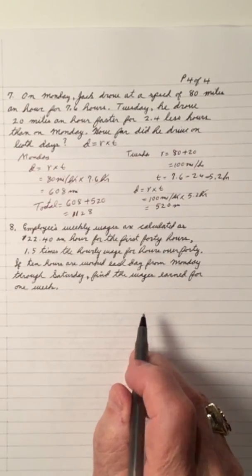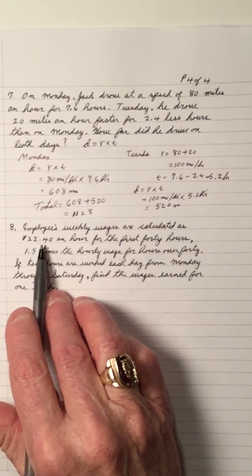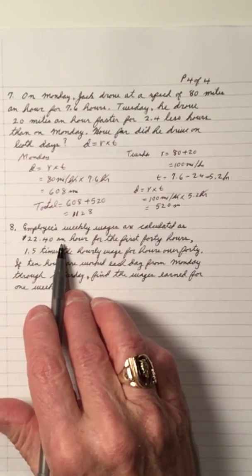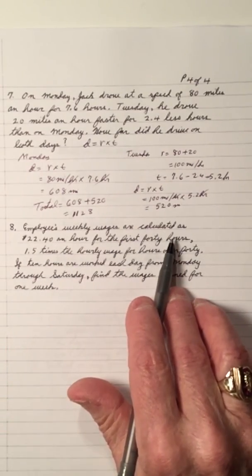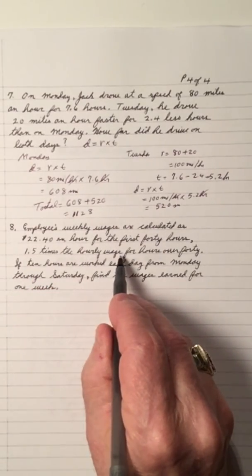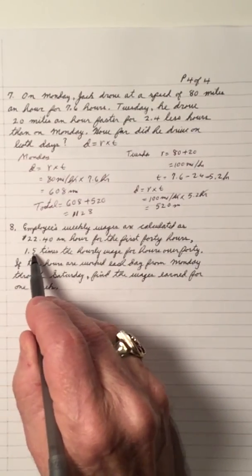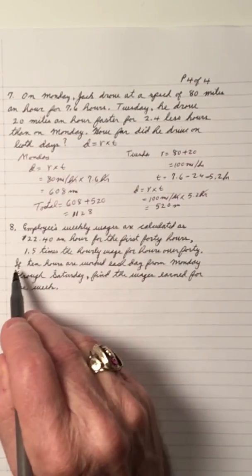Number 8, an employee's weekly wages are calculated as $22.40 an hour for the first 40 hours, and he gets 1.5 times the hourly wage for hours over 40. So this is called working the extra hours, and he's getting extra pay.